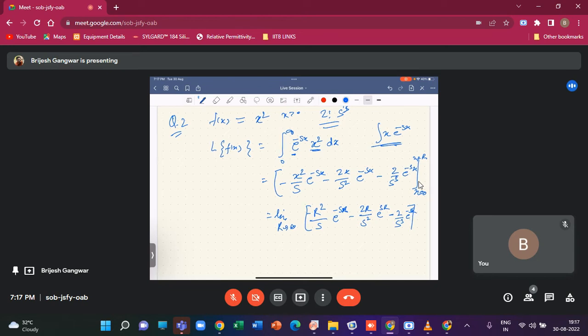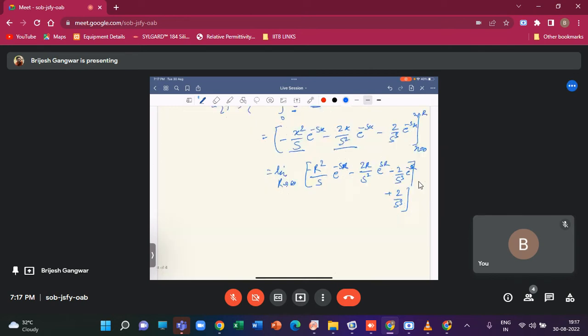Okay, minus, when we put x equal to 0, this will be 0, this will be 0, and this will be minus 2 upon s cube times e to the power minus s into 0, which is 1. So that will be plus 2 upon s cube.